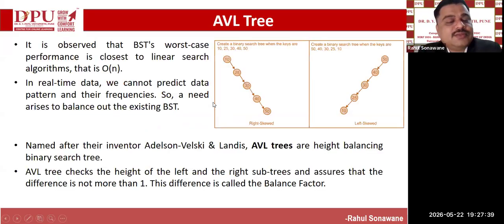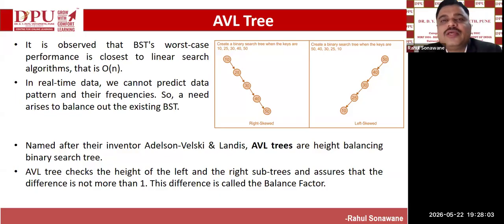Now, in trees, we have seen the different types of trees as well, right? And we have gone through the binary tree, a tree in which every node can have a maximum of two children, right?